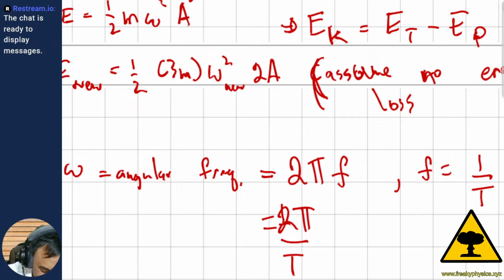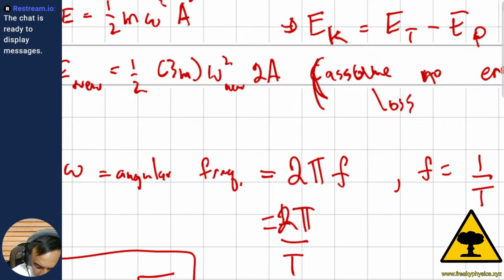Okay, and here is where we can solve it properly. The period of a spring mass system is actually given as 2 pi times square root of m over k. Now you can see here we don't need to solve for anything from here. All we can say is it does not depend on the mass, right?